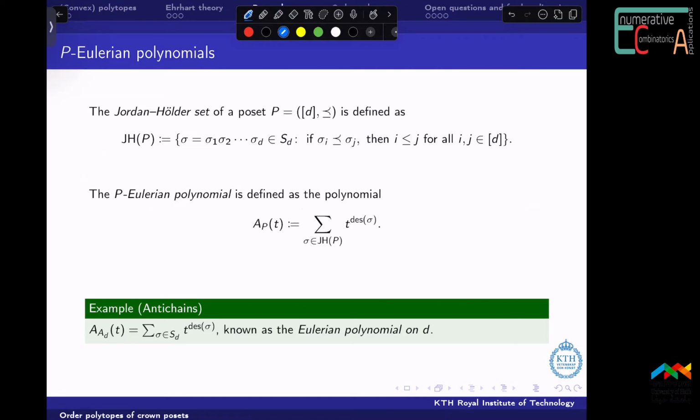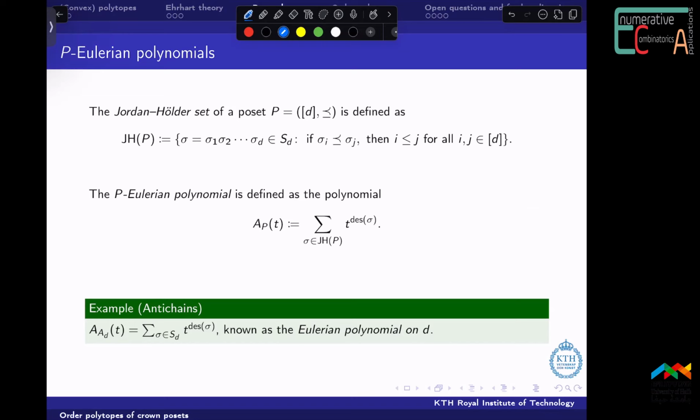The P-Eulerian polynomial is the polynomial that keeps track of the descents of the permutations in the set of linear extensions of my poset P. For example, for antichains, the set of linear extensions is S_d, where d is the number of elements, and this polynomial is known as the Eulerian polynomial.